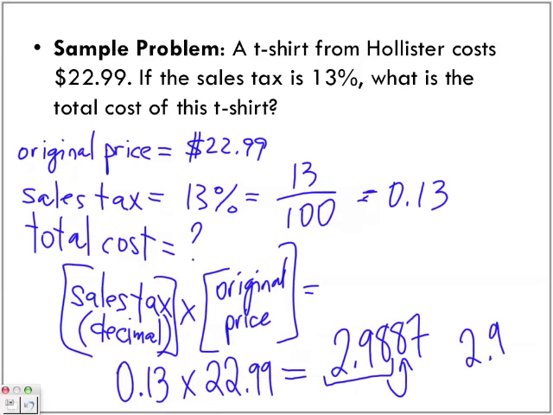So $2.99 is going to be added to the original price, because remember, original price plus the sales tax equals the total cost. So $22.99 plus $2.99. Any coincidences between the numbers are purely coincidental. They're not always going to match that way.